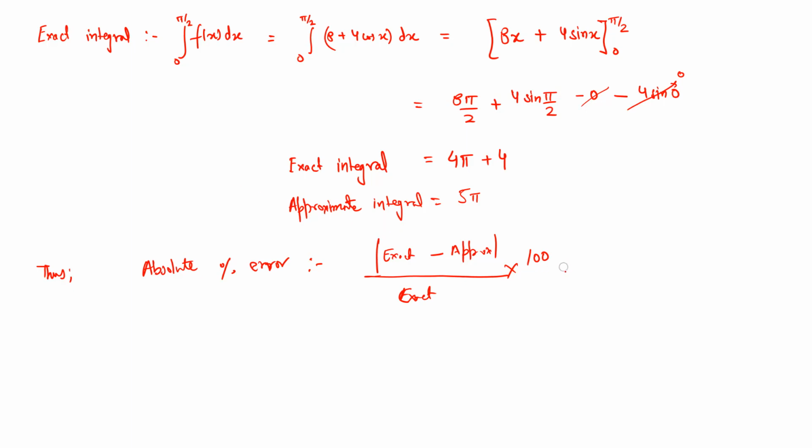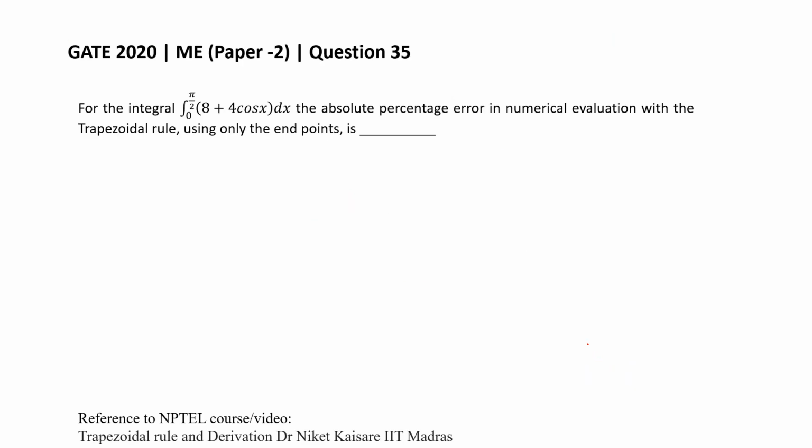So this is the magnitude of 4 pi plus 4 minus 5 pi, divided by 4 pi plus 4, times 100. Now solving this, we get 5.18%, or 5.2%. Thus, the answer to this problem is 5.2.